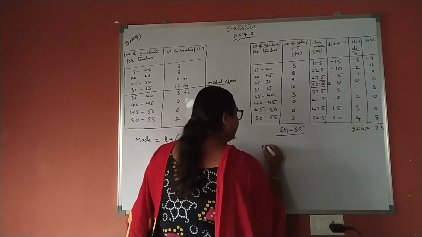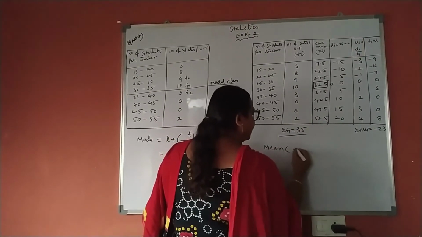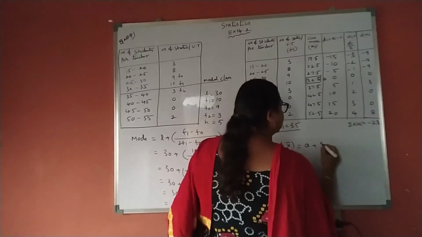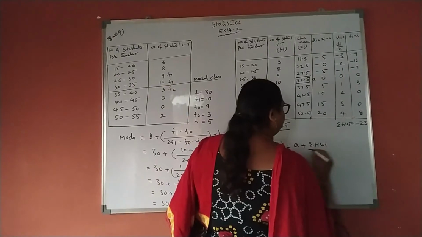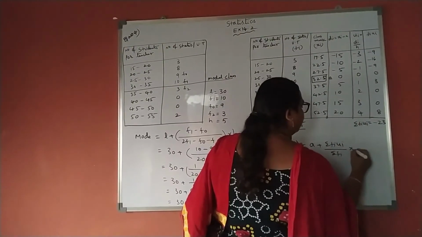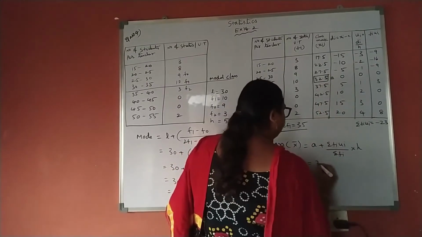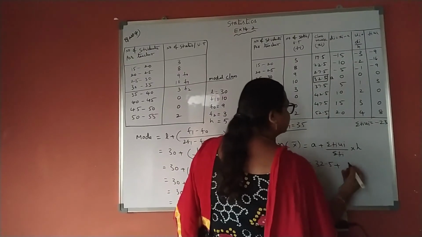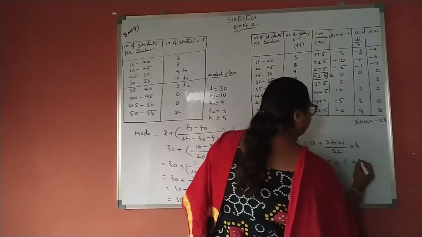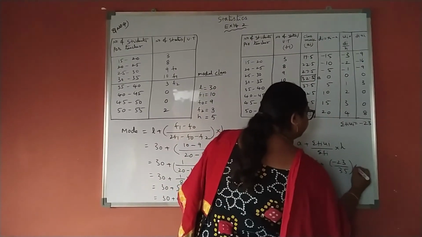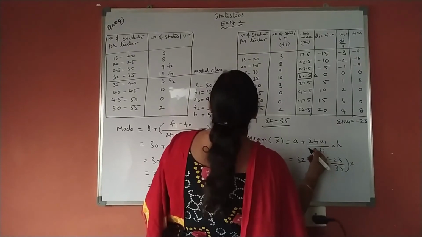Now mean. Mean is denoted by x bar. Mean x bar is equal to A plus sigma Fi UI by sigma Fi into H. A, assumed mean, 32.5 plus minus 23 by 35 into H is 5.